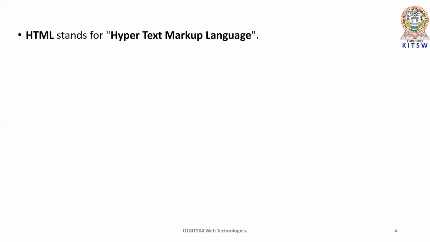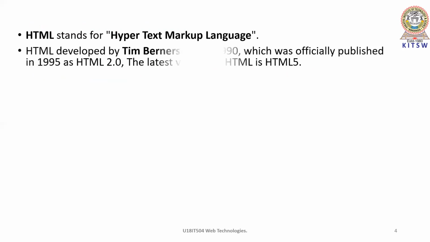HTML stands for Hypertext Markup Language, developed by Tim Berners-Lee in 1990 and officially published in 1995 as HTML 2.0. 2.0 is the version. The latest version of HTML is 5.